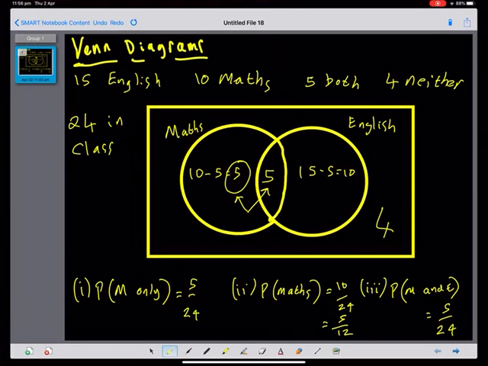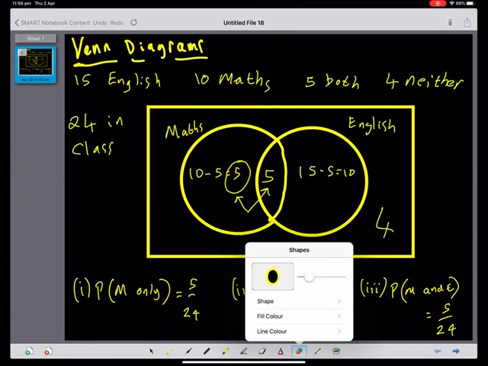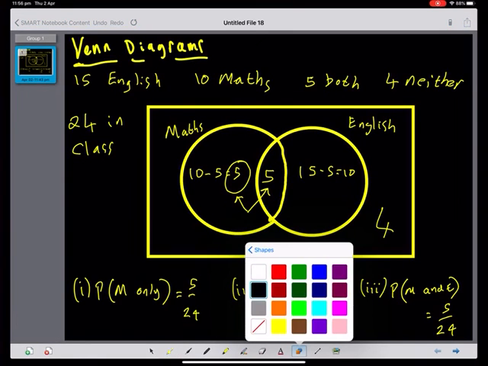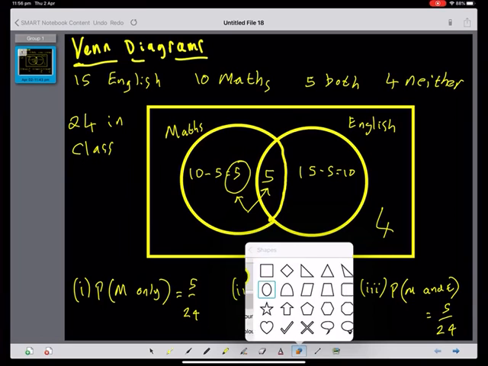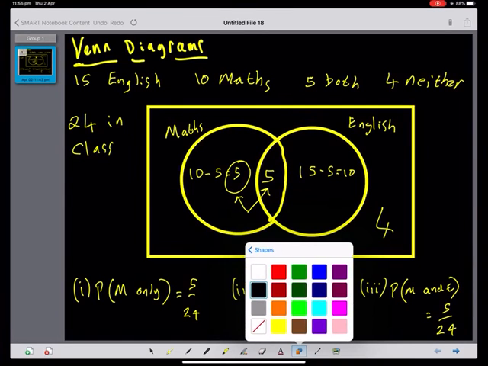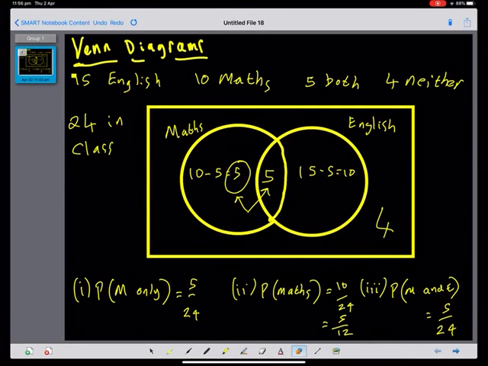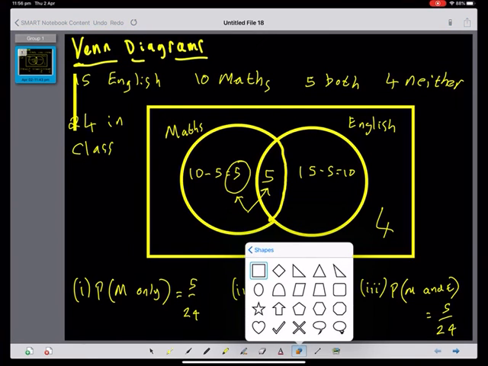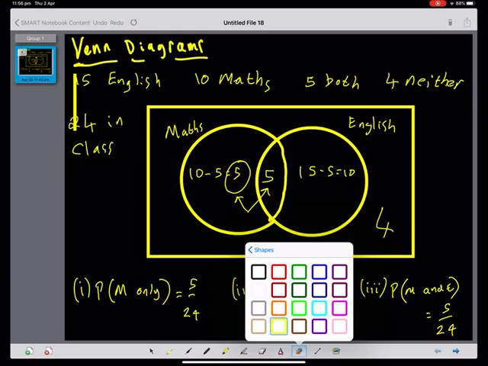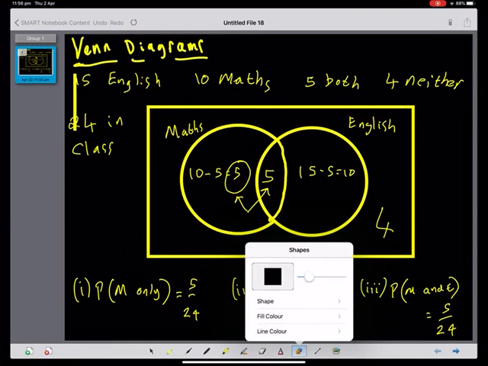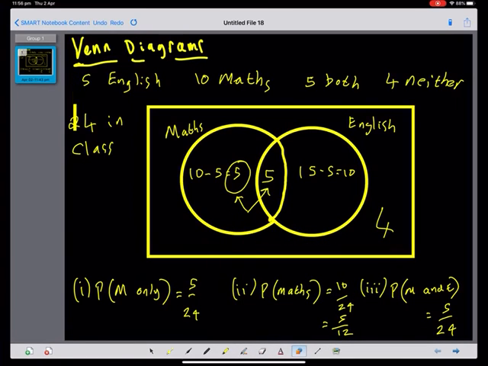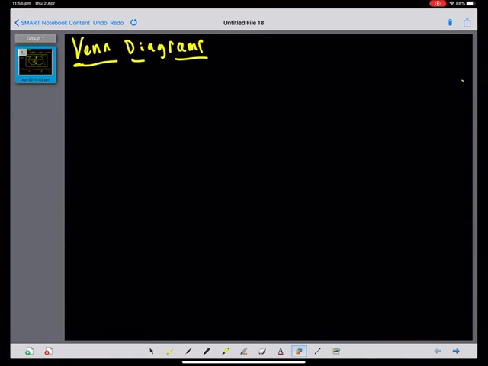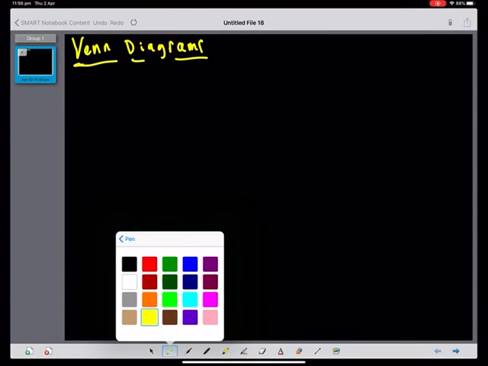So let's look at some other features of Venn diagrams. Let's look at some features.